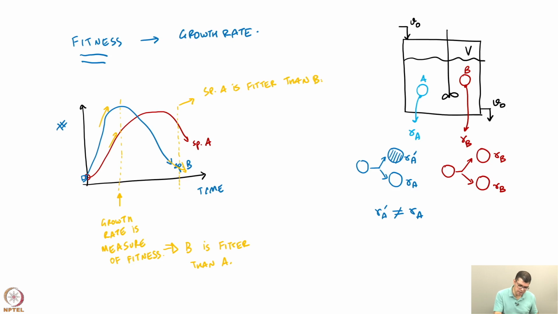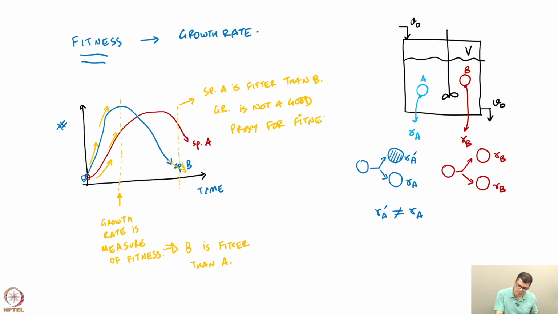And because of that, growth rate is no longer an appropriate proxy for fitness, because if it was simply looking at growth rates, then B is rising much more rapidly as compared to A, and I would have said that B is fitter. In fact, when I make the comparison at this point, it's A which is fitter than B. So growth rate is not a good proxy for fitness.